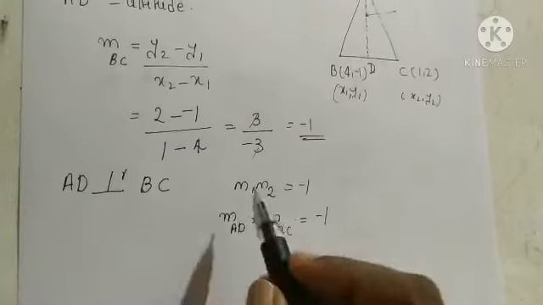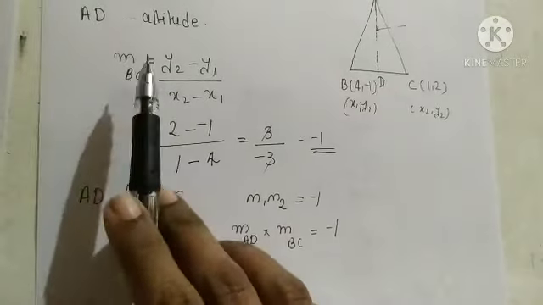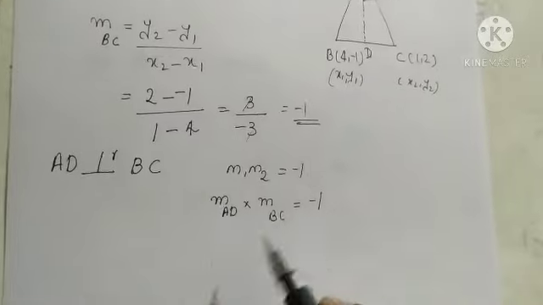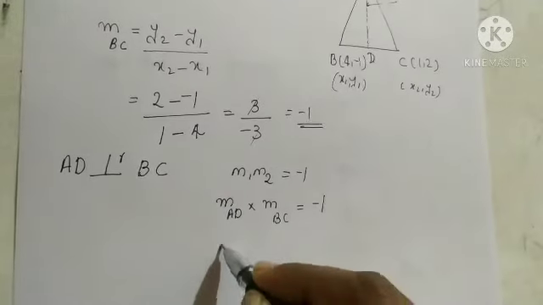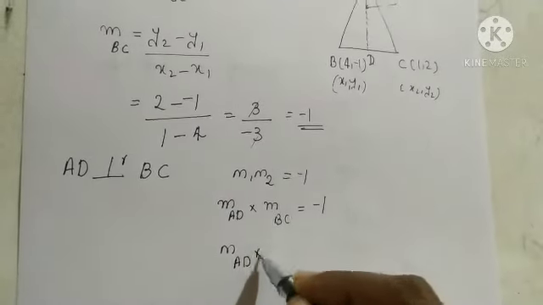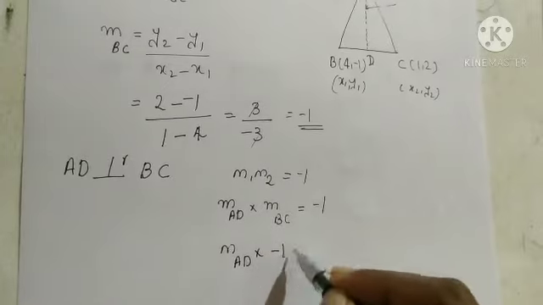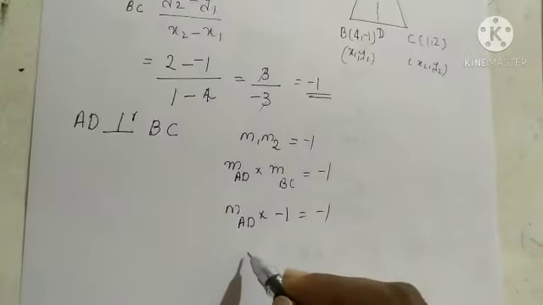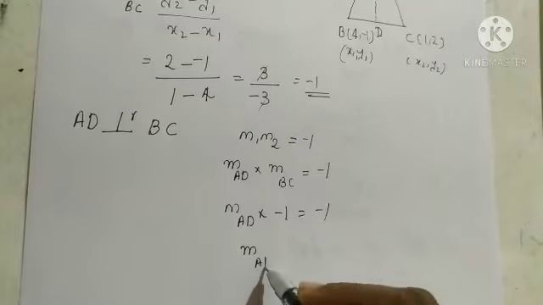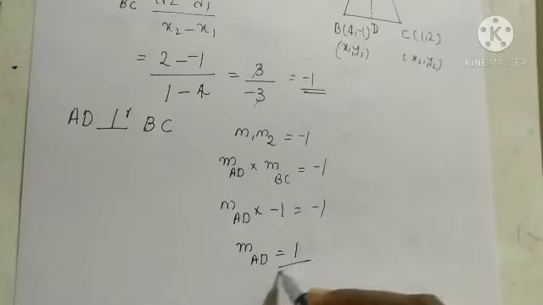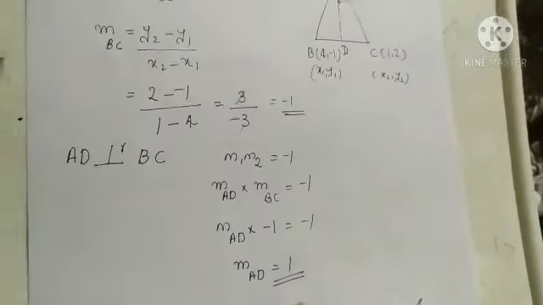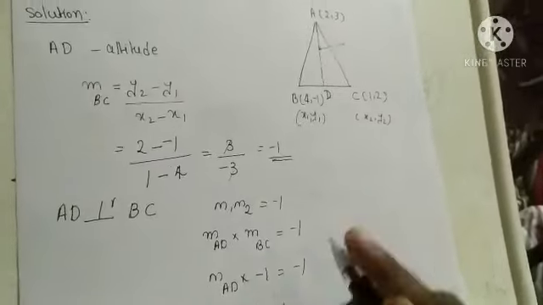We get the slope of BC as -1, so substituting the slope of BC here, we get the slope of AD is 1.